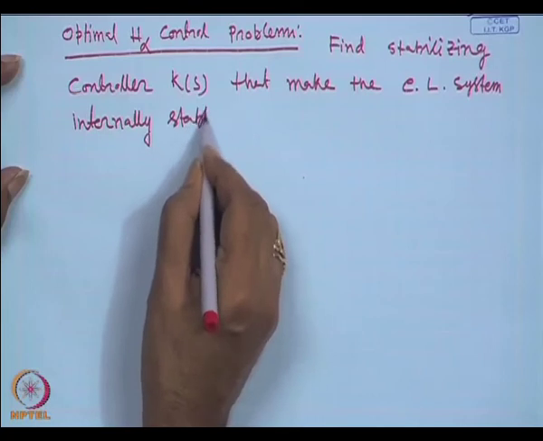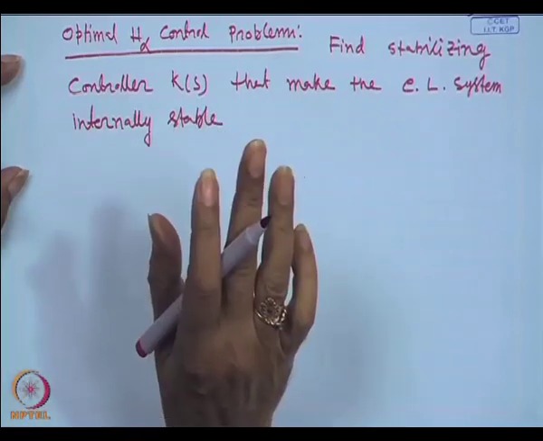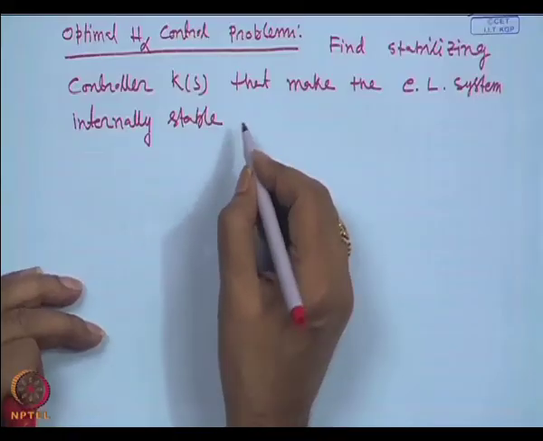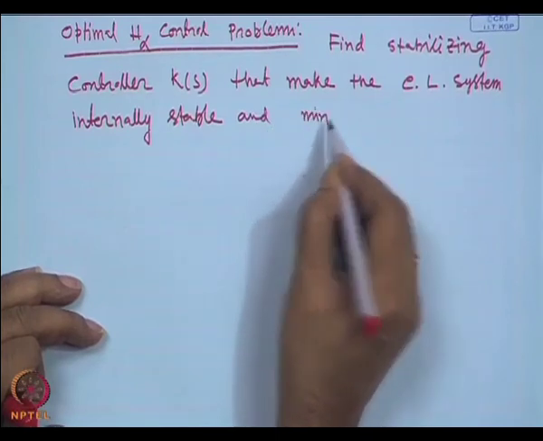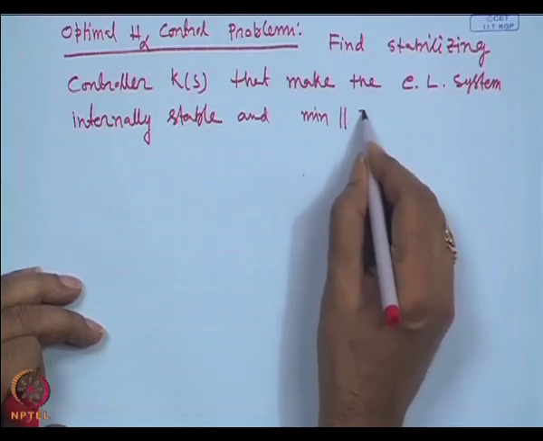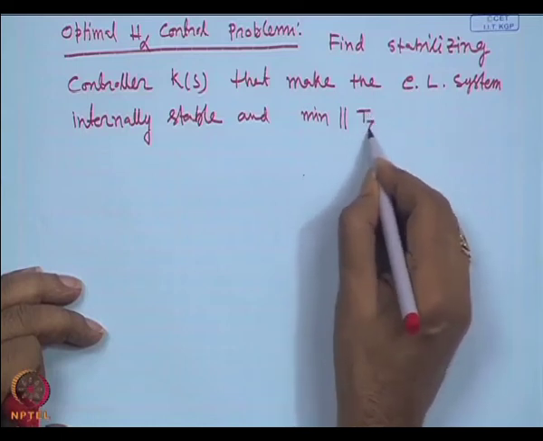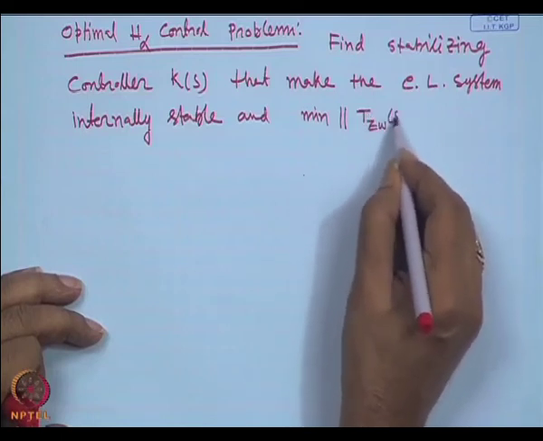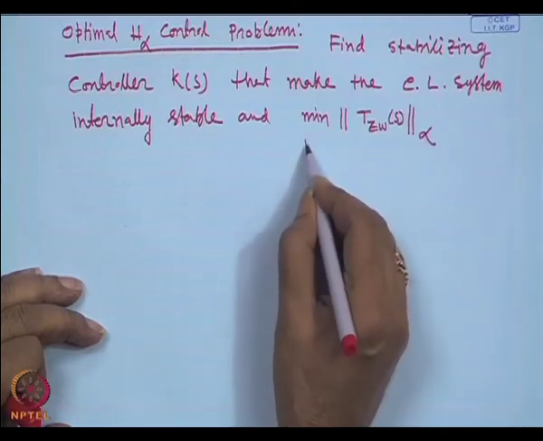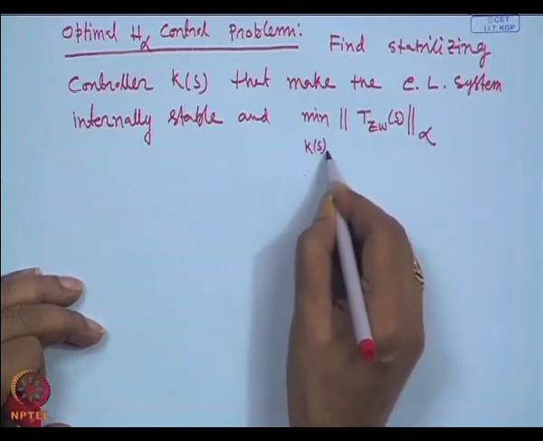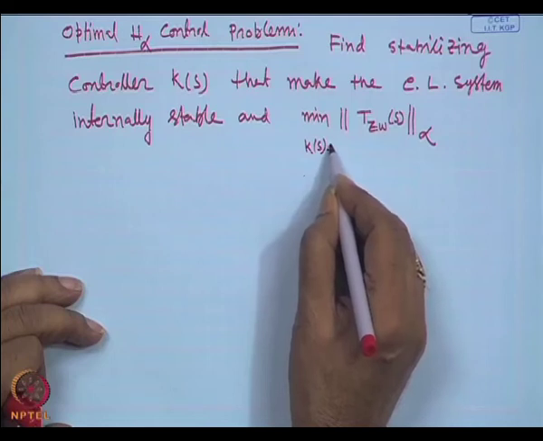Internally stable means all internal signals should be stable in the presence of noise and disturbances. And minimize the H infinity norm of the transfer function T z w of S by the stabilizing controller K of S.